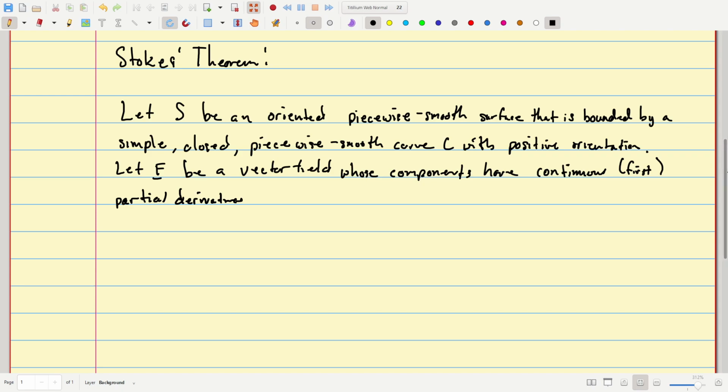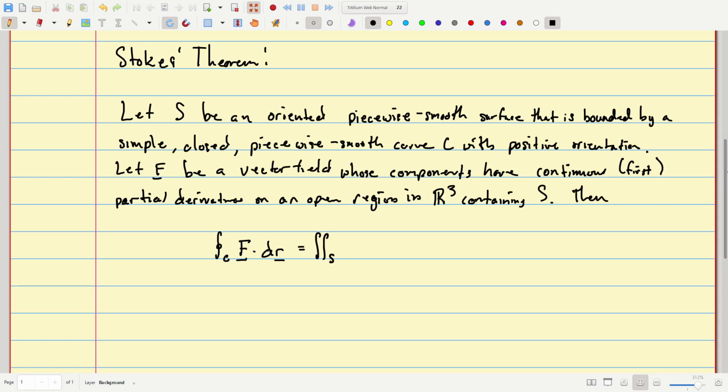The statement of the theorem in your book doesn't specify first, but when it says continuous partial derivatives, that means that it has at least one continuous partial derivative. All right.